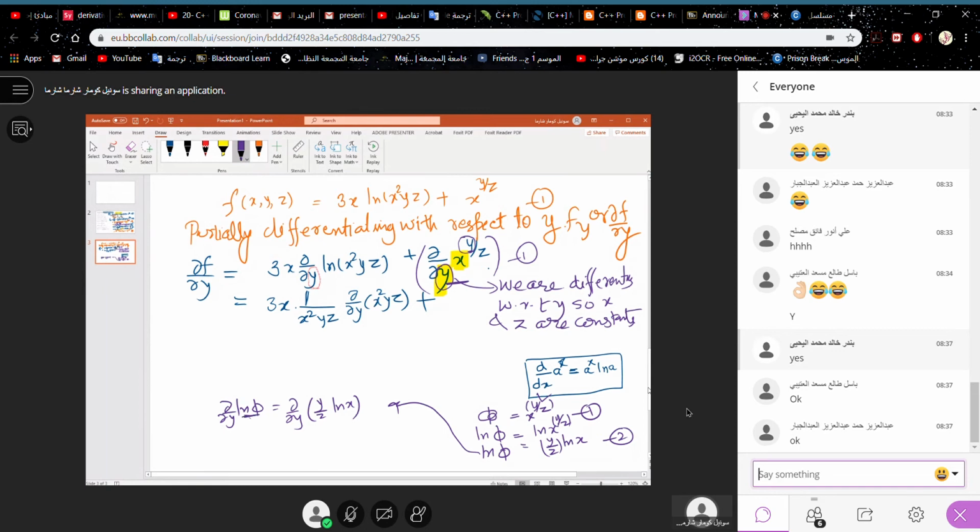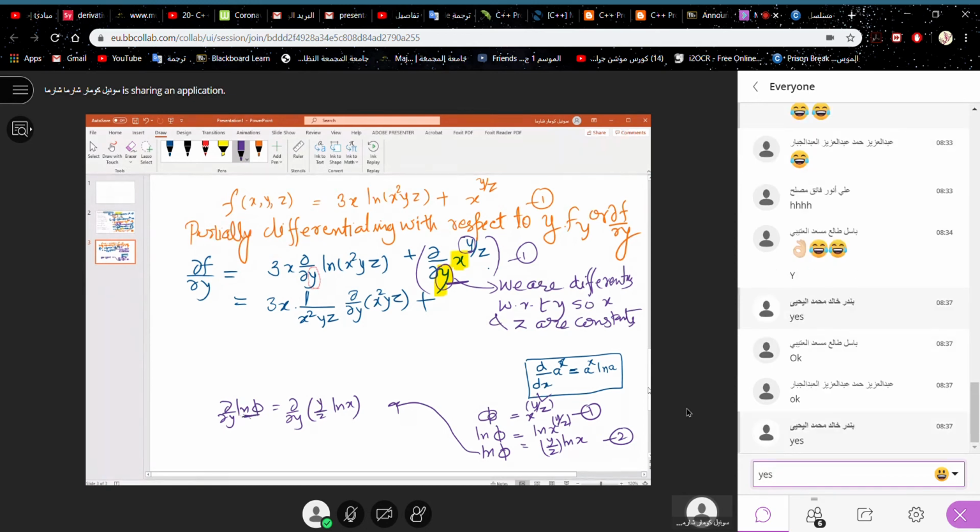The derivative of ln phi is how much? 1 upon phi del phi upon del x. First we will differentiate the outer function. So the derivative of ln is 1 upon whatever is inside, we write that 1 upon, and then the inner function. What is the inner function? Phi. So its derivative is how much? Del phi upon del y. Oh, sorry.